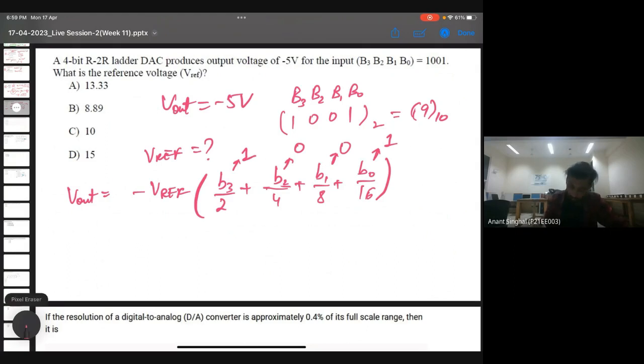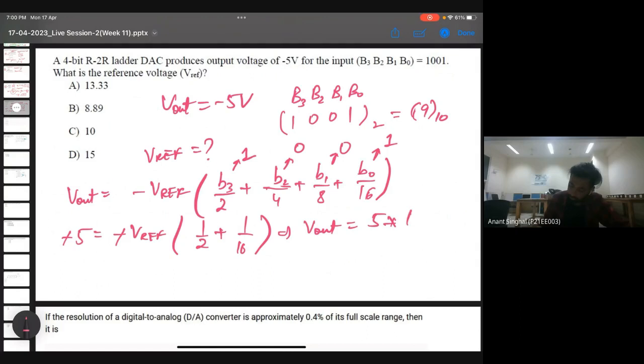So V out is minus 5, then minus V ref times 1 by 2 plus 1 by 16. With some modification, this minus will get cancelled. This will be 5 into 16 upon 8 plus 1, which is 9. So it will be 80 by 9, which is 8.89 volt, which is option B.